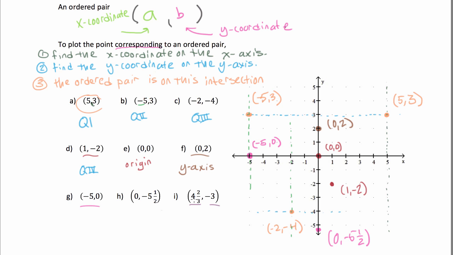My y-coordinate is negative 3, so for x, I'm going to go over 4. And then if I think about that area being divided in thirds, 4 2/3 would be right there. And then I'm going to go down 1, 2, 3. So that's going to be my point that lines up with negative 3 on the y-axis and 4 2/3 on the x-axis. And I'll label that 4 2/3, comma, negative 3.